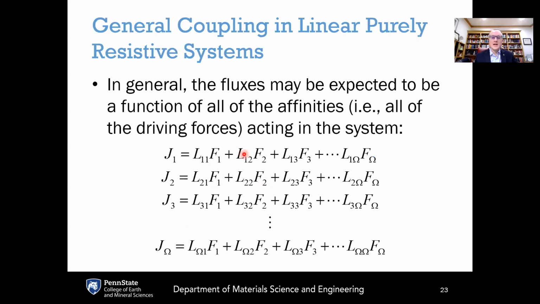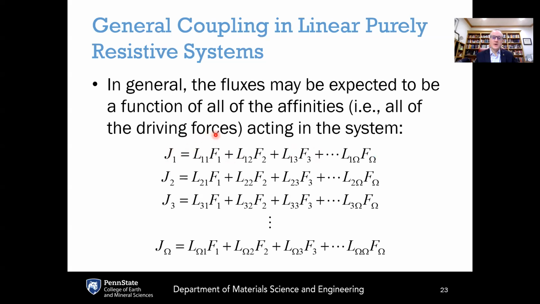Now, if we write this out for all of our different types of fluxes, let's suppose that we've got omega number of thermodynamic coordinates. We would have an equation for the flux of the first thermodynamic parameter, J sub 1, an equation for the flux of the second one, J sub 2, J sub 3, and so on all the way to J sub omega. And for each one of these fluxes, we would have the contributions from each one of the affinities of the system.